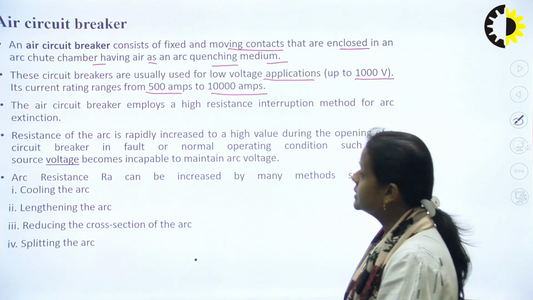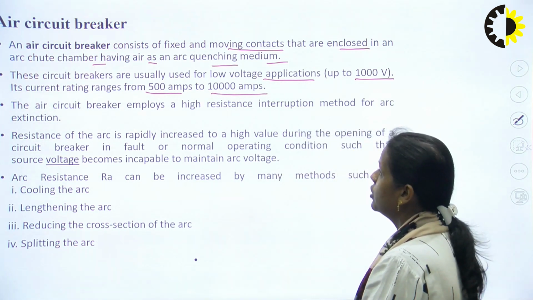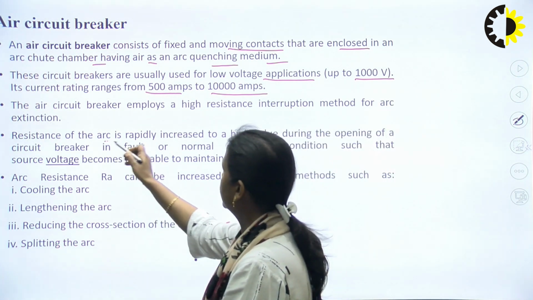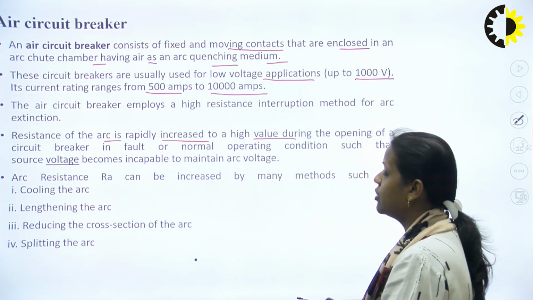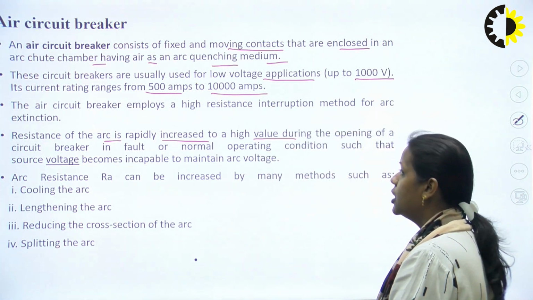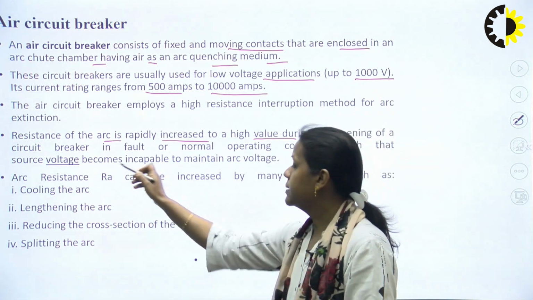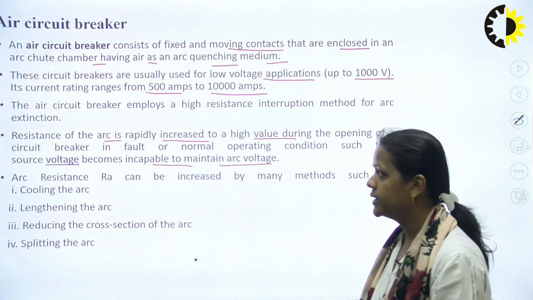The air circuit breaker employs a high resistance interruption method for the arc extinction. The resistance of the arc is rapidly increased to a high value during the opening of a circuit breaker in fault or normal operating conditions, such that the source voltage becomes incapable of maintaining arc voltage.